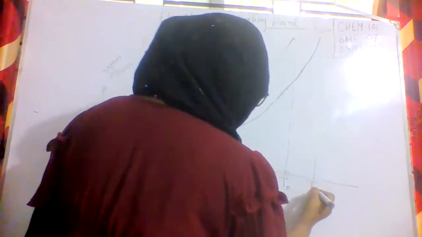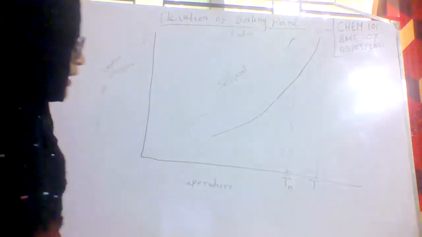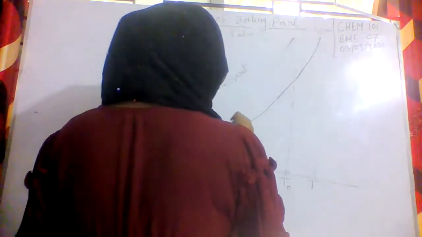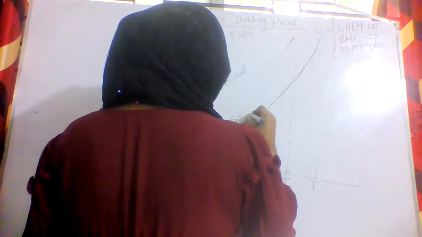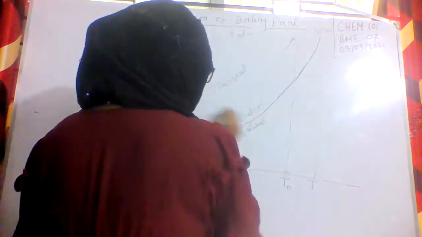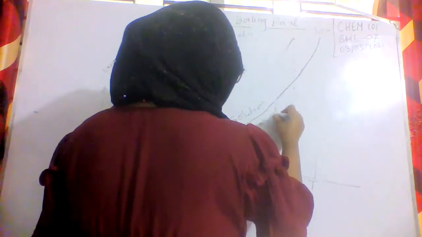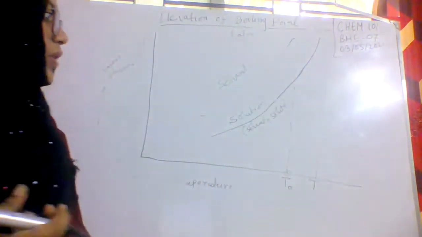So what I have actually drawn here is the solution. That means an equal amount of solvent, and here some solute, a very dilute solution with a very small amount of solute.